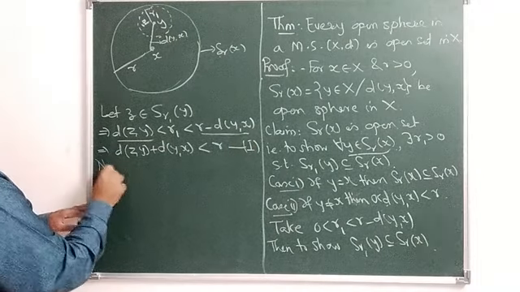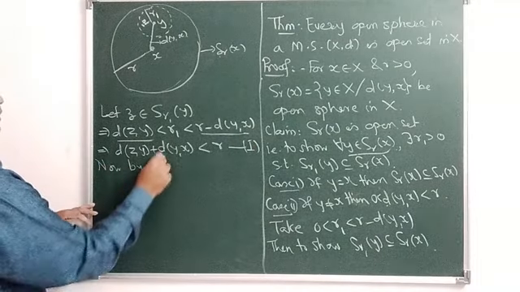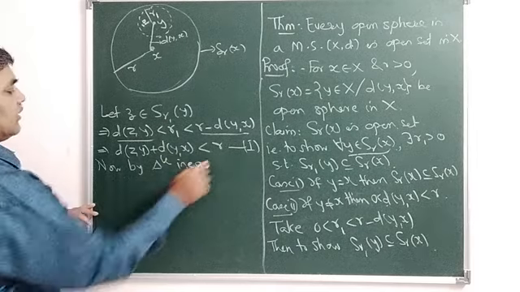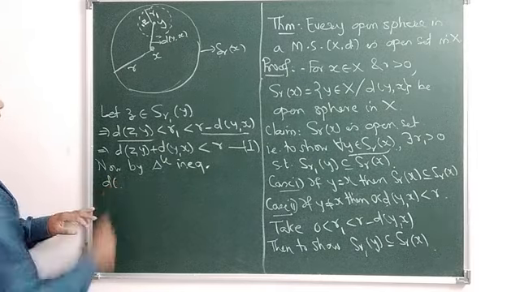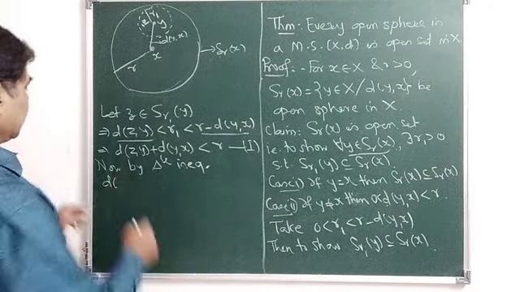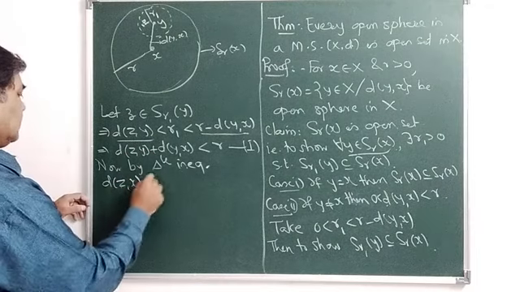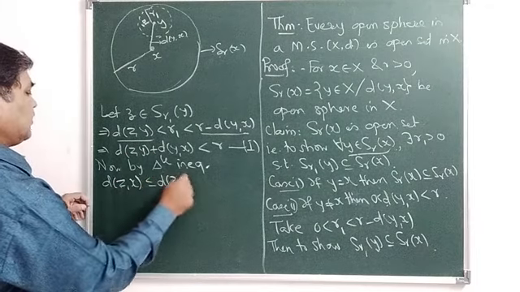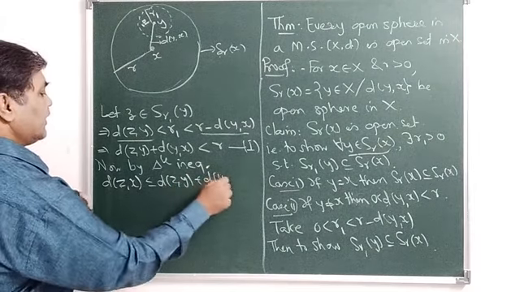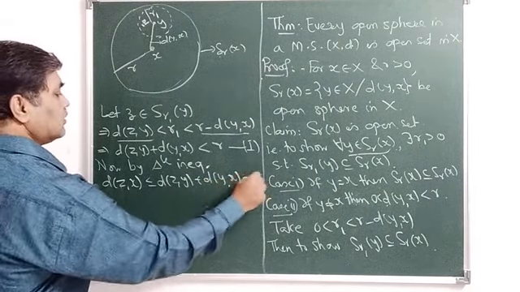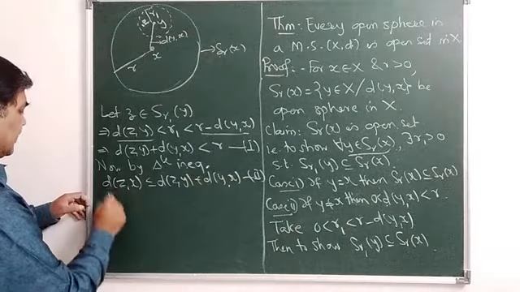Now by the triangle inequality, d(z, x) is less than or equal to d(z, y) plus d(y, x).